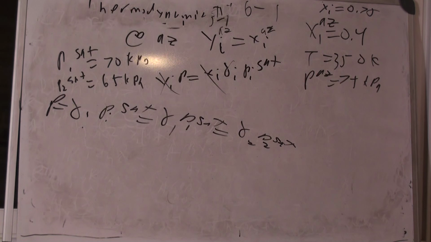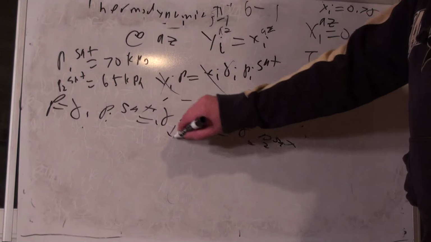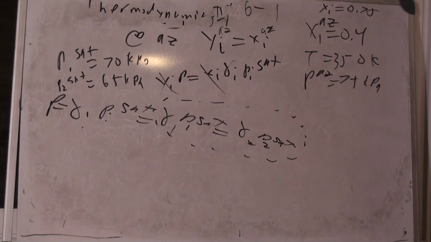Now, I have that. And really I want to focus on this one. Can I do this problem with P equals gamma 1 P1 sat? Technically, yes, but I'll actually get a different result because of the model I'm using. Because I'm using two-suffix Margules, I'm overdefined. I have two equations, one unknown.